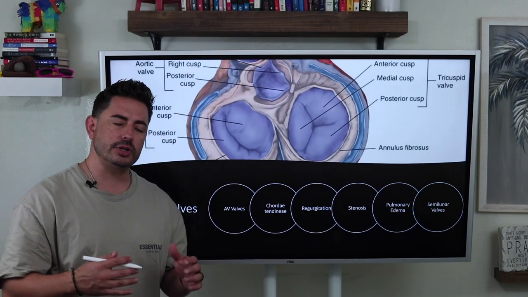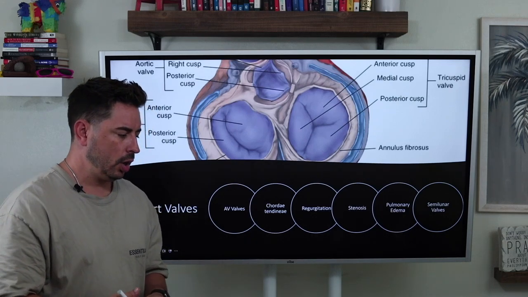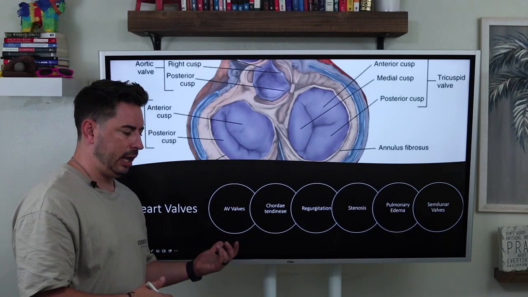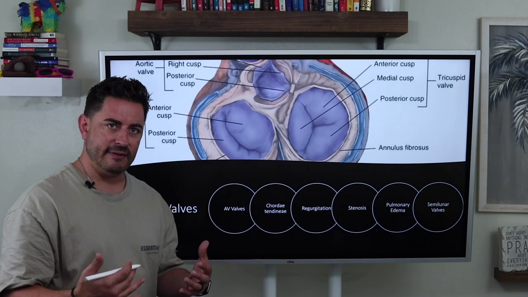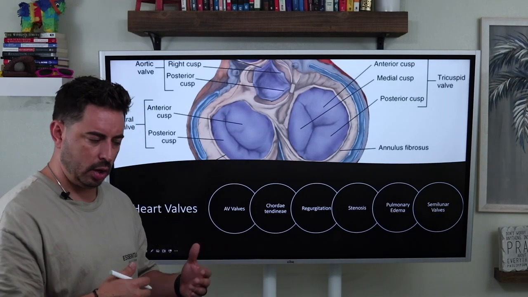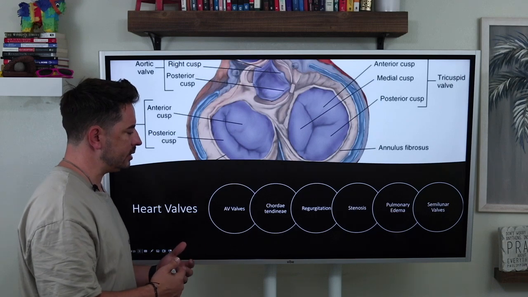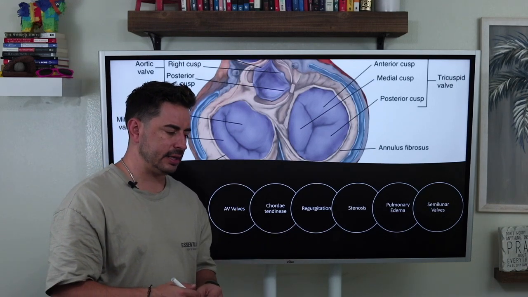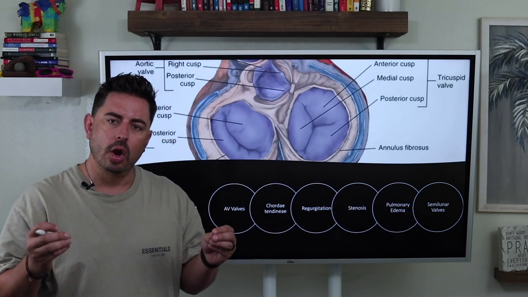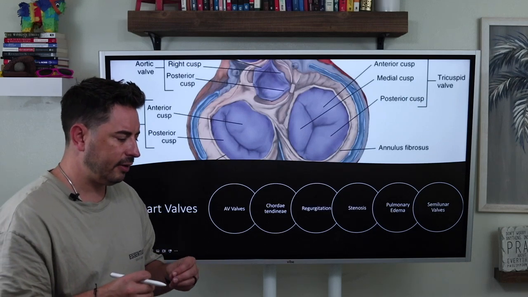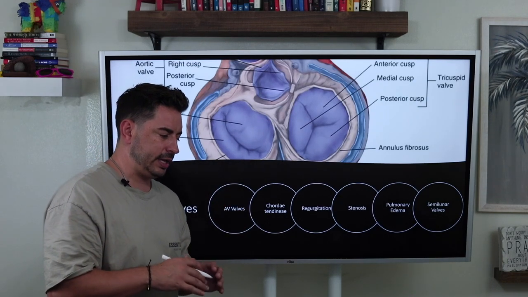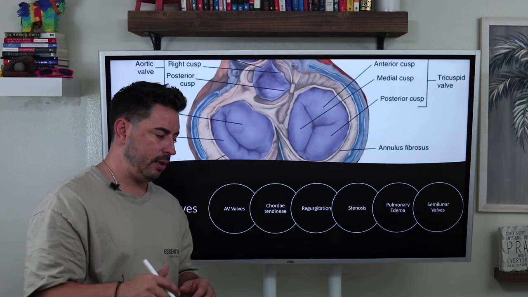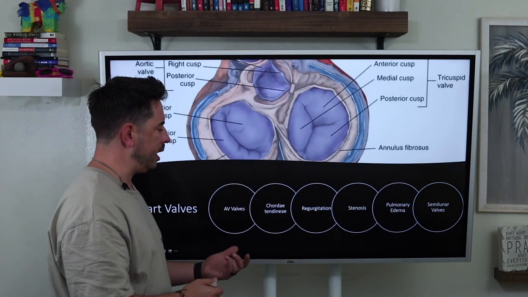We can get regurgitation, or regurg, which is a backflow of blood from a leaky valve. The other thing is we can have stenosis, which is the narrowing or constricting of a valve that leads to blood backing up, which increases pressures backing up, which impacts cardiac performance.